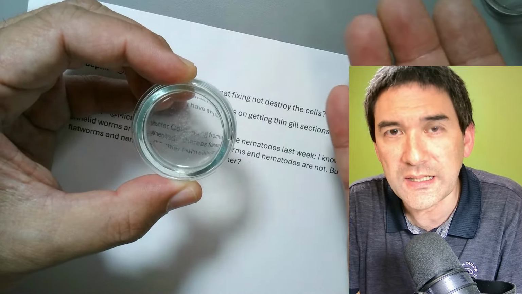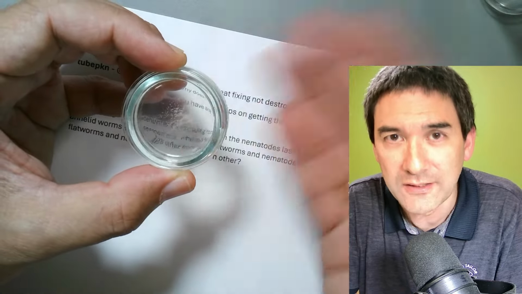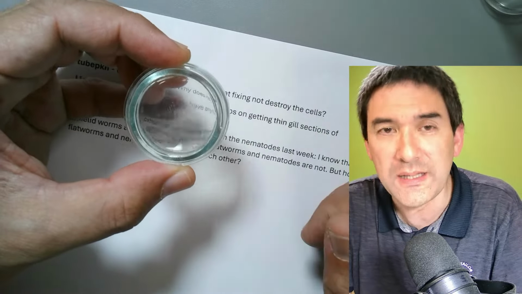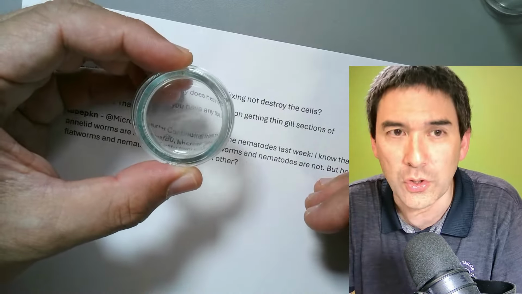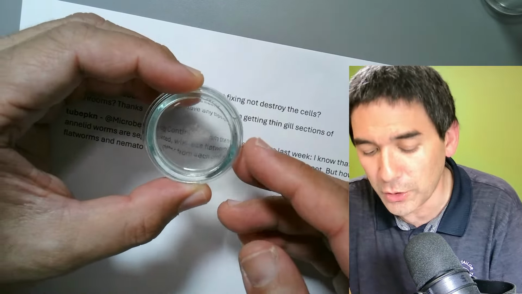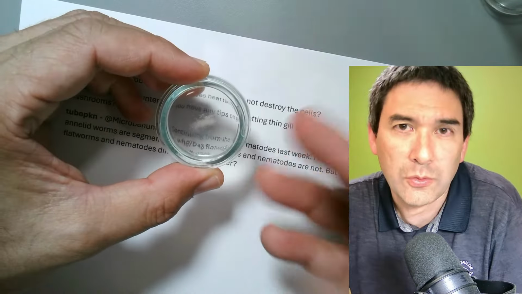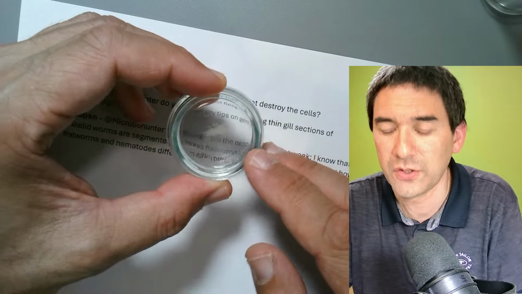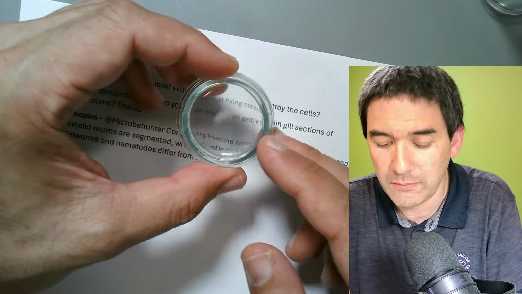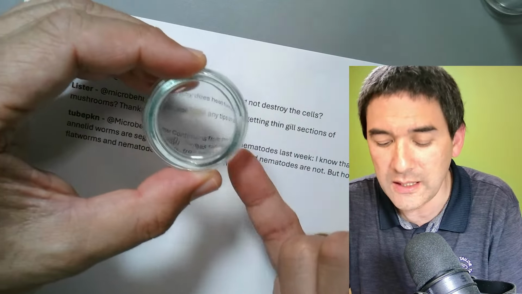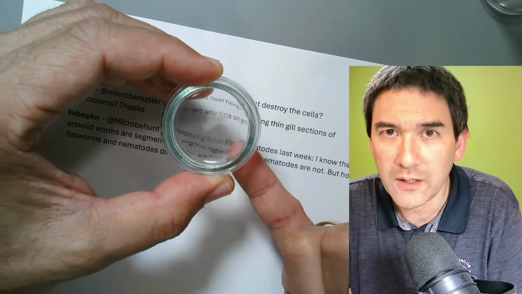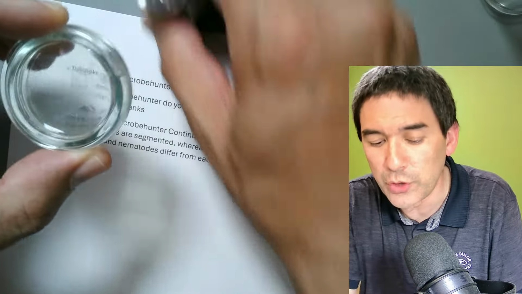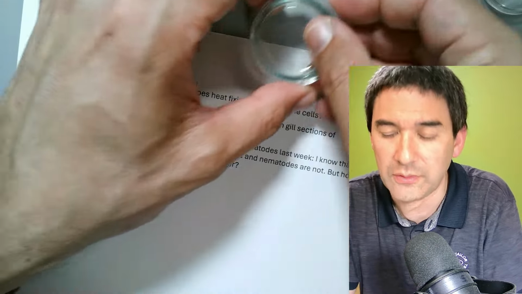This basically makes them flat in one plane, and that again makes it easier to observe. But it depends very much on what you want to observe. I can imagine that the thickness of the Petri dish and the distance from the objective might actually be an issue.